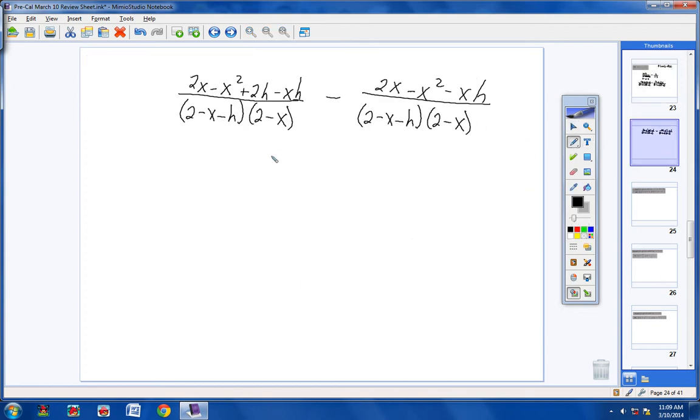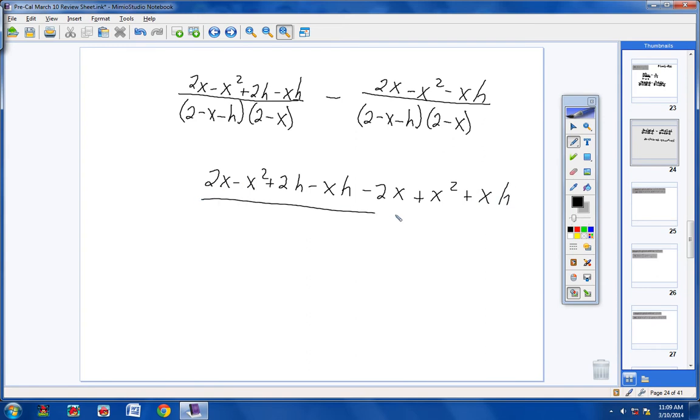Alright, now we can go ahead and we can put these two fractions together. Now don't forget you're subtracting this entire numerator, so what you really have is 2x minus x squared plus 2h minus xh minus 2x plus x squared plus xh all over your common denominator, okay?